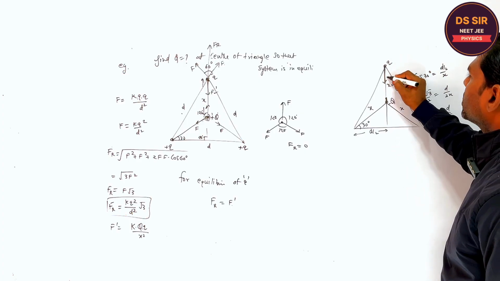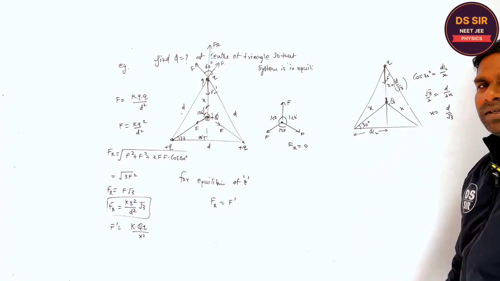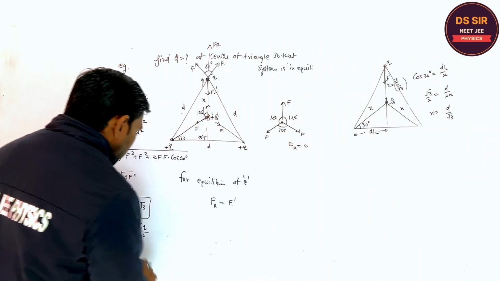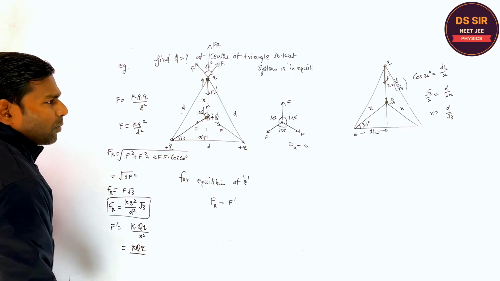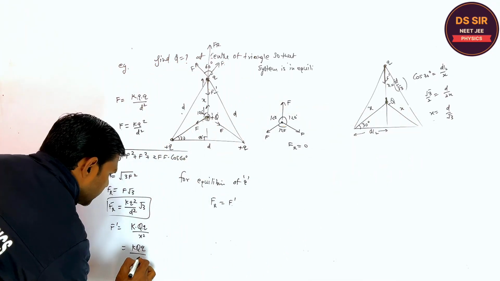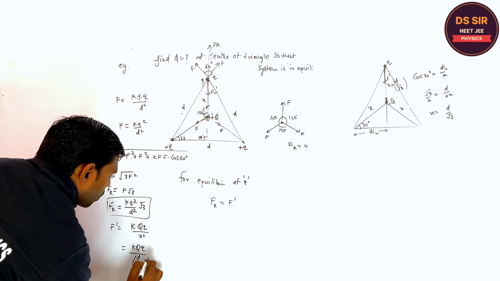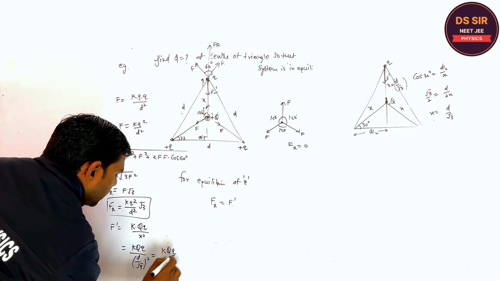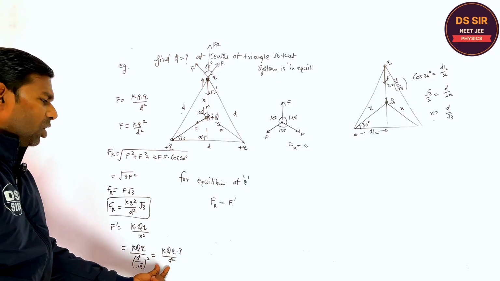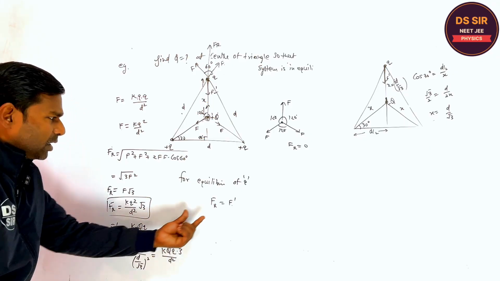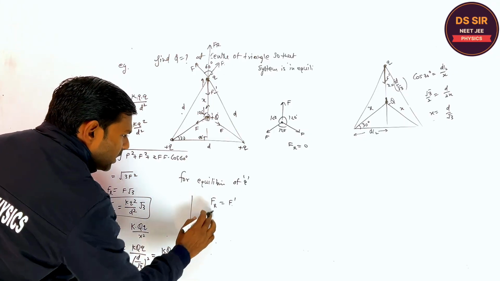So the force F dash we have to find. Alright. So kq upon x square, with the value of x being d upon root 3 whole square, gives kq into 3 upon d square. Is it clear or not? Yes. Now for equilibrium, what is the condition?